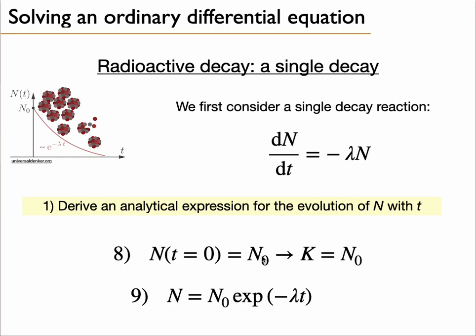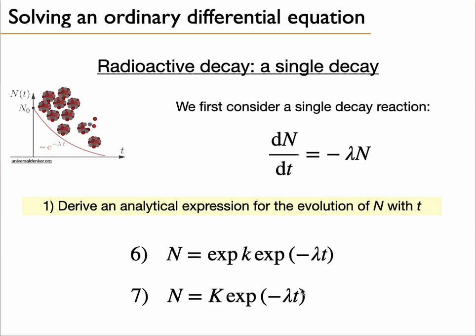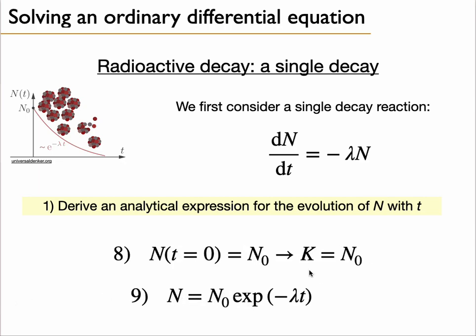That's known data. Using this information, one can solve for K. So K is equal to n0. You just plug this into this equation: at time t equal to 0, the exponential is equal to 1, and K is equal to n0. That's how you get this.